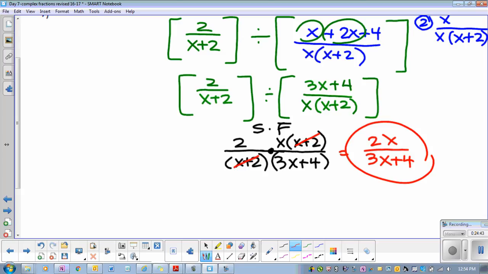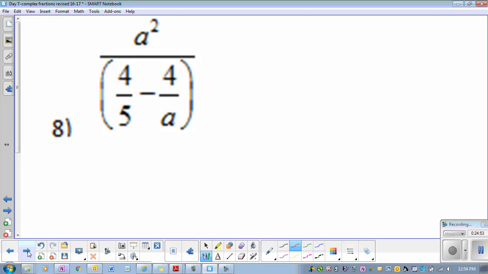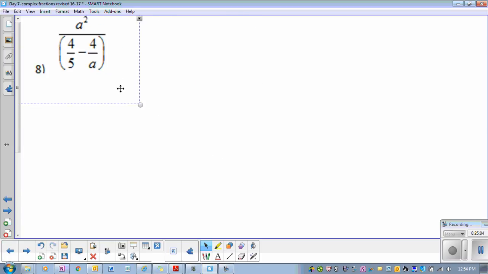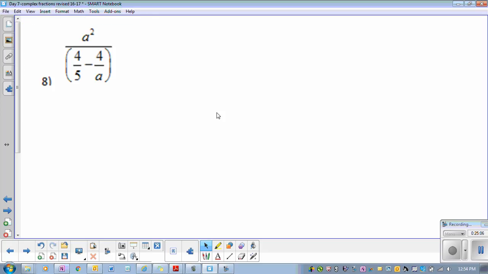All right. So look at the next one. Okay, this one just looks a little crazy, but you know what? It's the same setup, right? We have a numerator divided by a denominator.